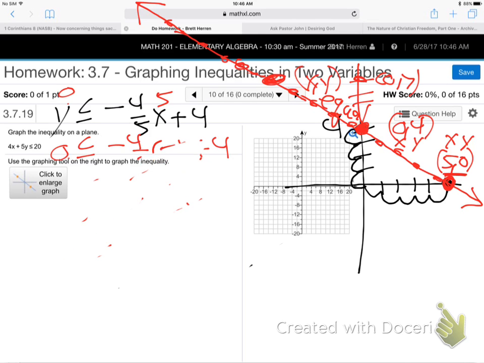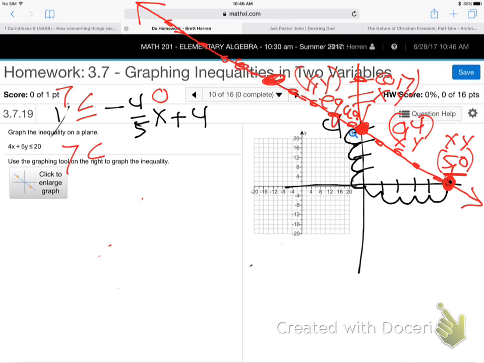So let's go back up here and see why 0, 7 doesn't work. Let's see it not make it true. Put in 0 for x, because it's x first, then y, and 7 for y.